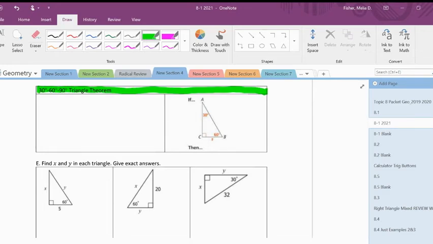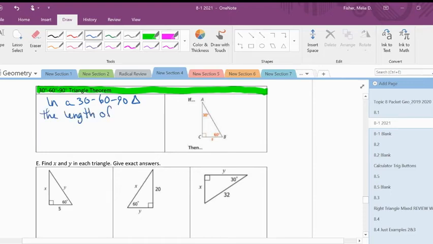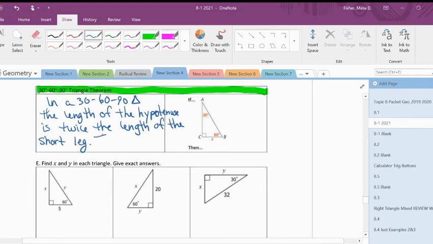And our 30, 60, 90 triangle theorem says, in a 30, 60, 90 triangle, the length of the hypotenuse is twice the length of the short leg, the long leg is square root of 3 times the short leg.